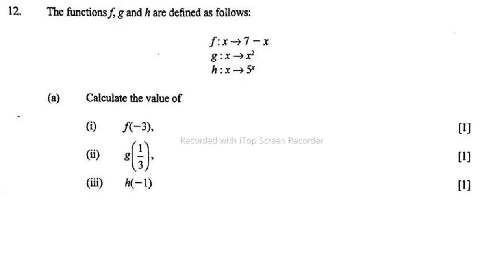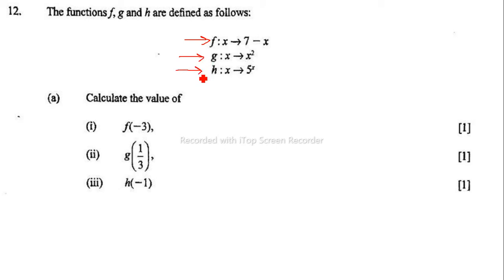Alright, so any ideas on how to do this? Is it substitution? Yeah, it's just substitution. That's all they're asking us to do. So this is the function f, this is the function g, and this is the function h.